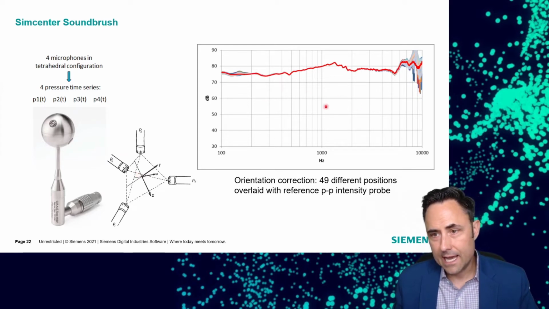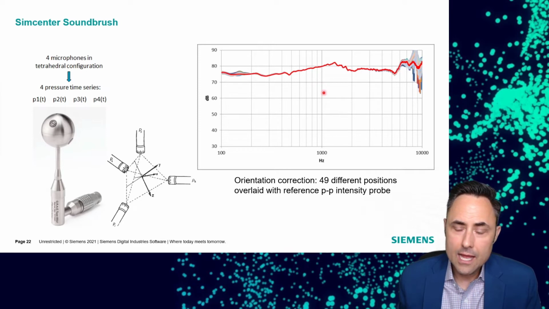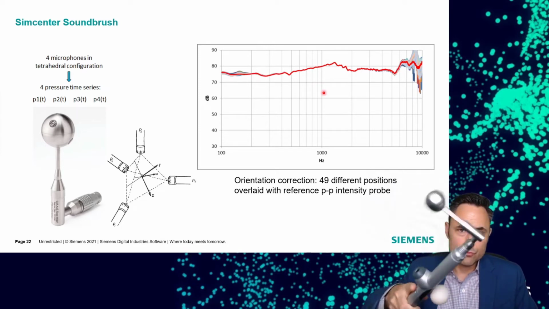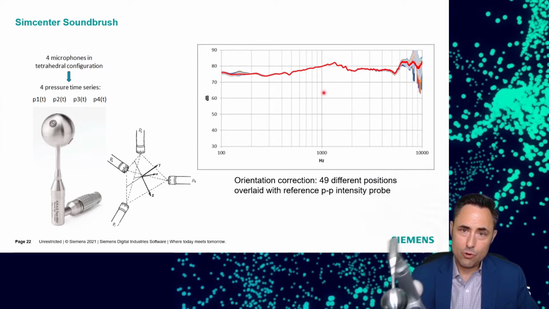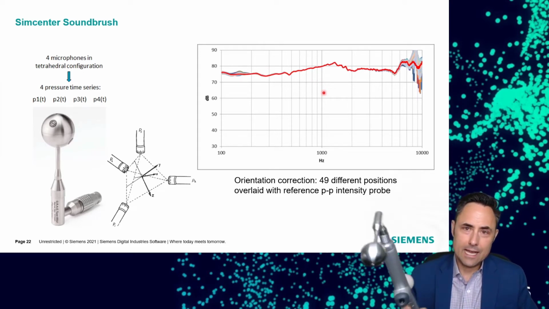The second key aspect is the internal gyroscope. This is the component that I was talking about that's hidden inside the handle. The gyroscopes in here essentially track how you're rotating this thing in space. So it doesn't matter how you hold this, the SoundBrush software is able to figure out, oh, he rotated it 52 degrees in whatever plane, and it can compensate for that.